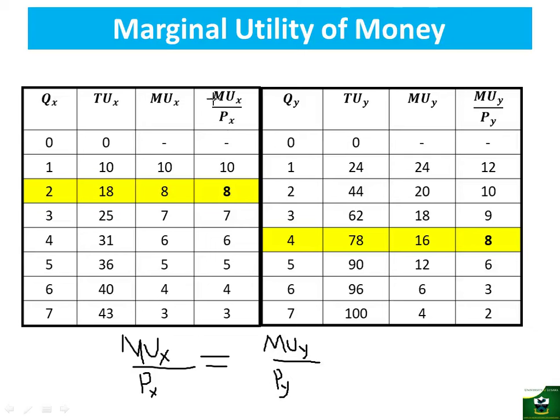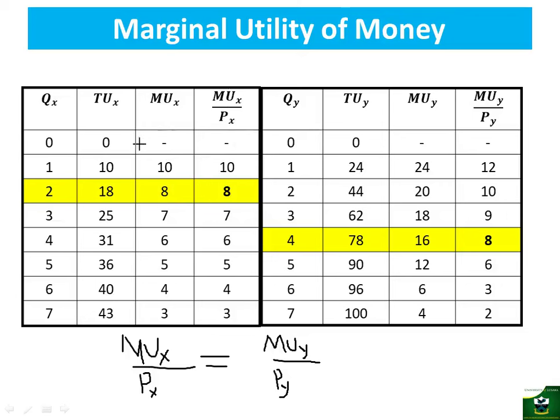Now to do that, we've added a new column where we are finding the ratio of marginal utility of x to price of x and the marginal utility of y to price of y. The price of x, from the example we have, is 1, while the price of y is 2. So we'll be dividing the marginal utilities of x by 1.